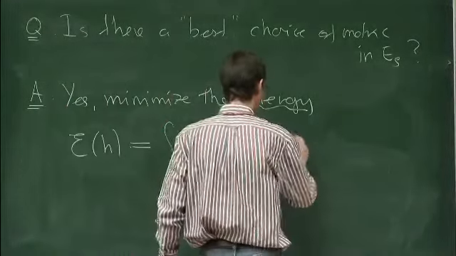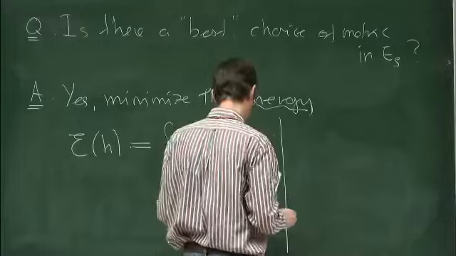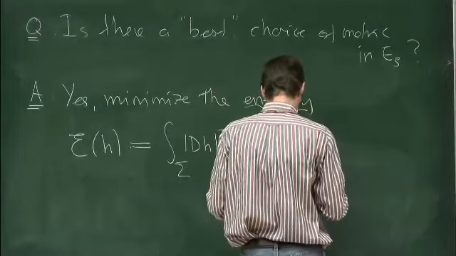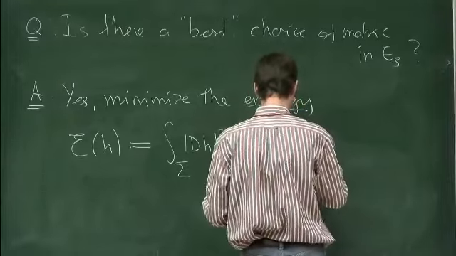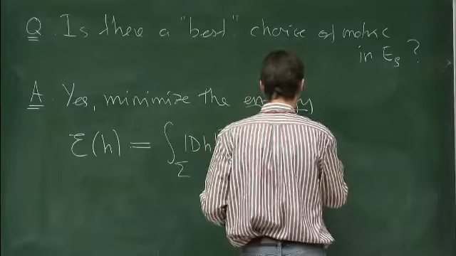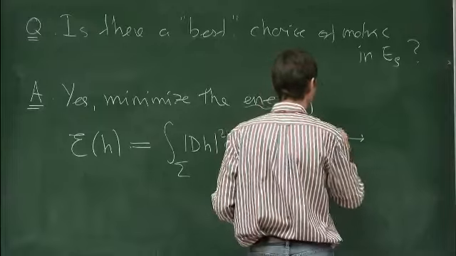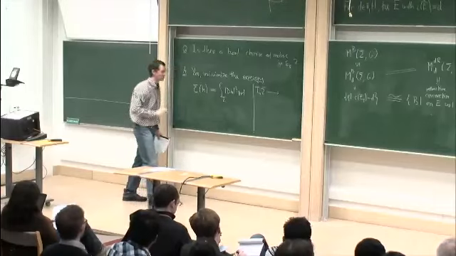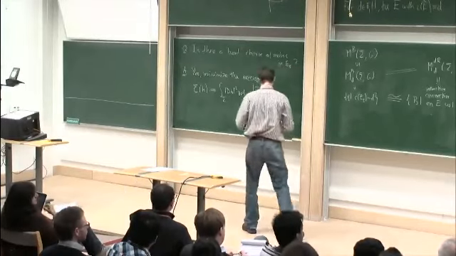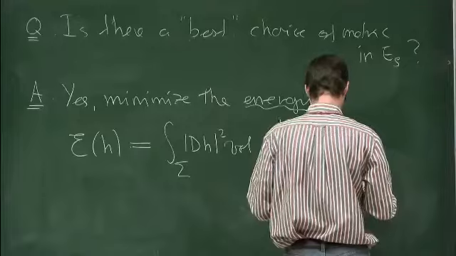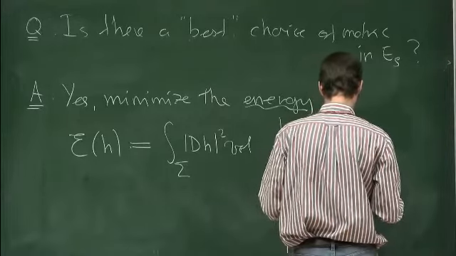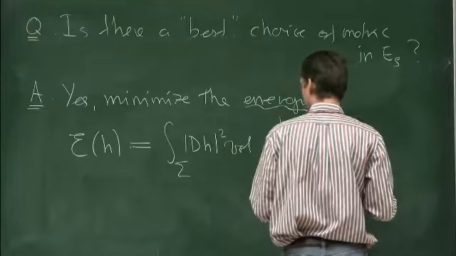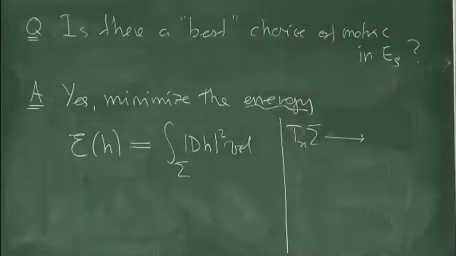So let's note that, so what is dH? First of all, let me say that if you think of the metric as just a map from the surface up to that quotient space there, yeah, so we think of the map here.